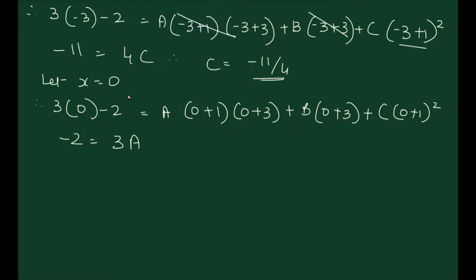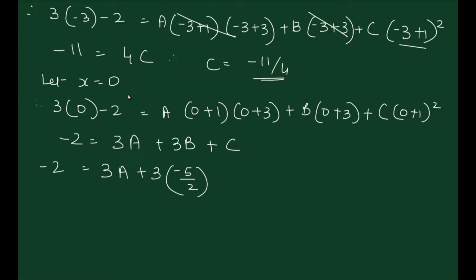Okay, 3a plus 3b plus c is what we are getting. So we substitute the values for b and c. So 3a plus 3 into, now the value for b was actually minus 5 by 2, so 3 into minus 5 by 2, plus c is minus 11 upon 4.